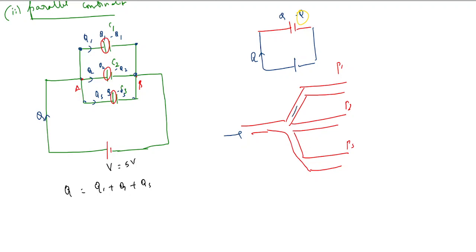So some amount of water will go into pipe 1, some goes to pipe 2, some goes to pipe 3. You can think of charge like water. I've been telling you that. Think of charge like water. So in this case, the water divides. So we can think of parallel combination as a combination where the charge would divide and there is the same voltage drop. This is called parallel combination.